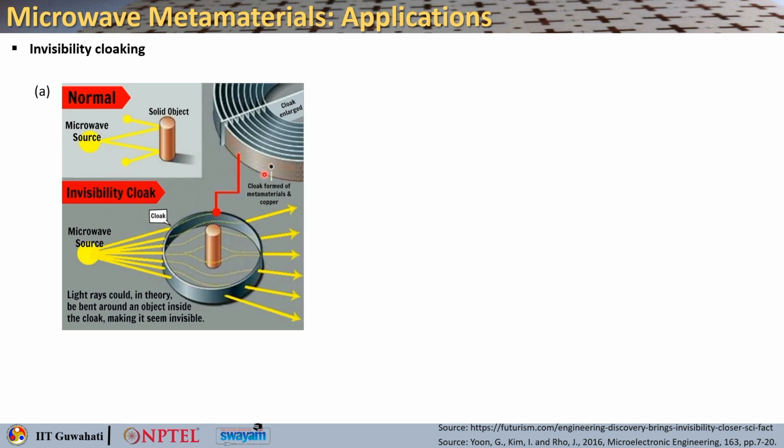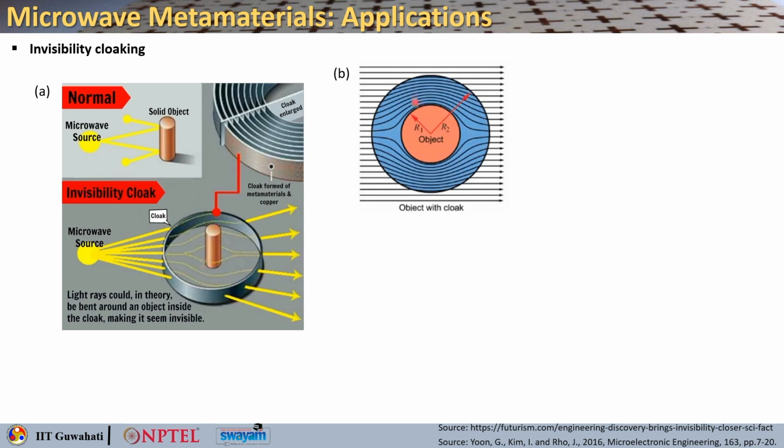Okay. So, here at least you can see theoretically that light rays can bend around this solid object inside the cloak, and this is how you can make the light rays appear as if there was no object standing here, right. So, this is another illustration of the ray tracing program that has been used to calculate the ray trajectories when you have an object which is being surrounded by this particular cloak.